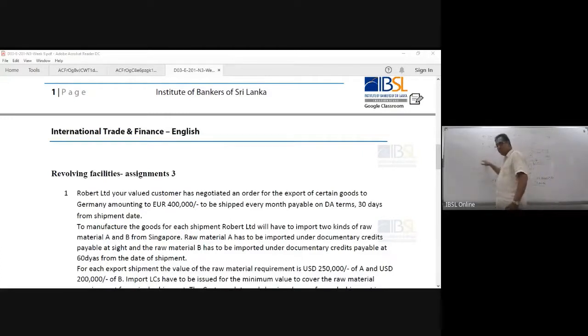Export bill purchasing facility. That's the next facility. 5 minutes to go, double up a little bit.